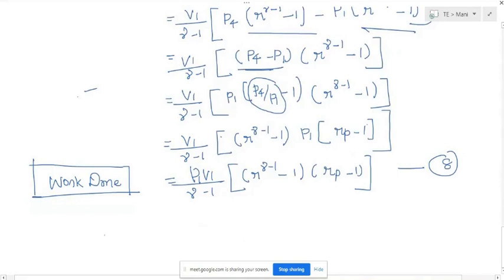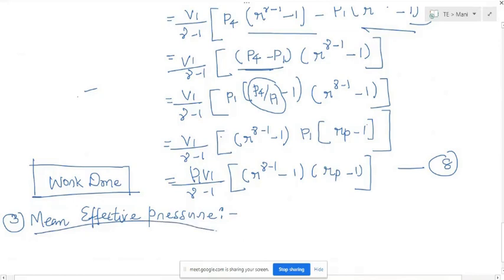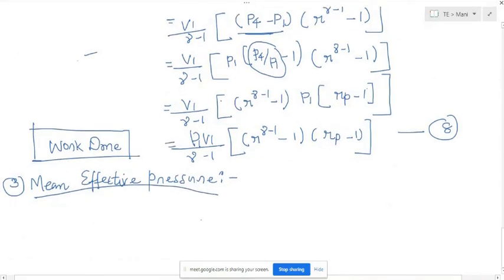Okay. So see, next one more parameter we need to measure in an Otto cycle, that is mean effective pressure. The mean effective pressure, we already discussed in the basic concept class itself, right? It is nothing but the constant pressure acting on the piston during a working stroke.